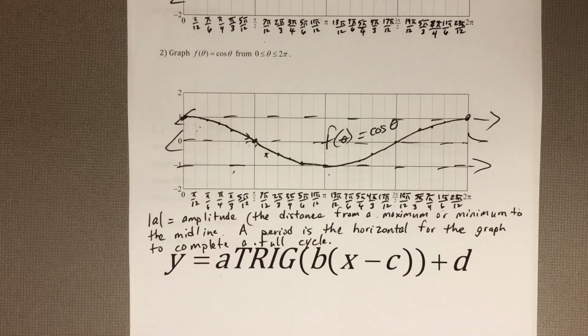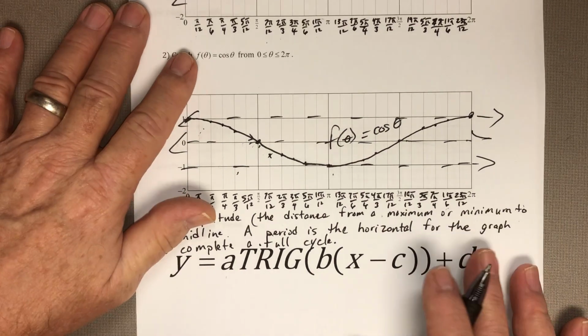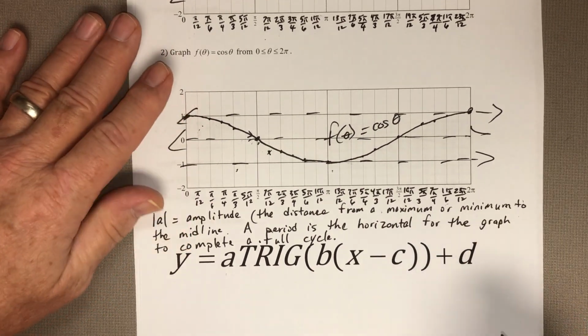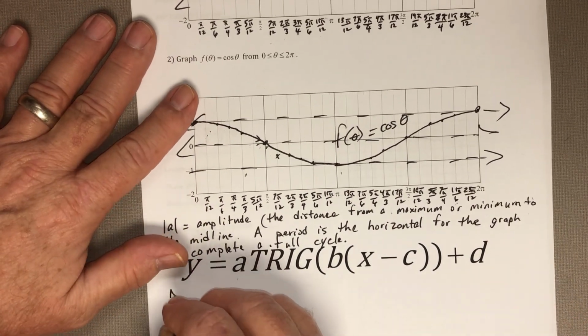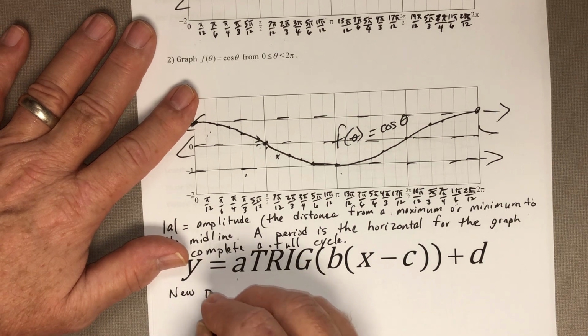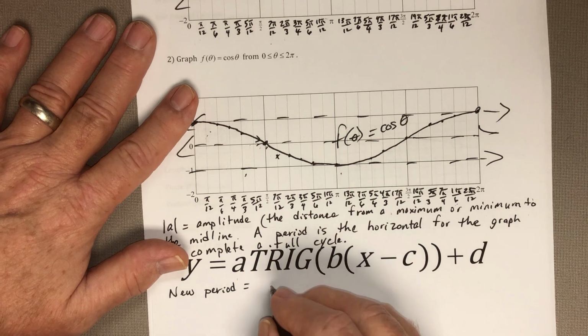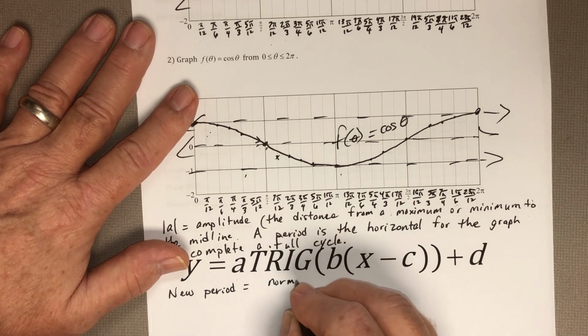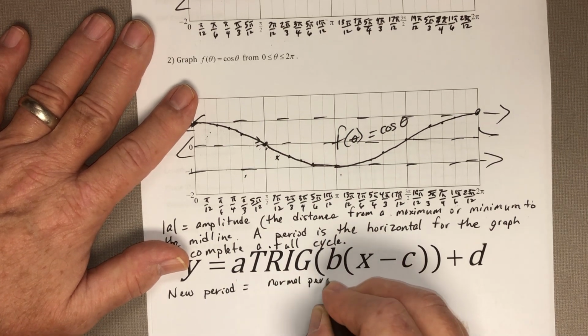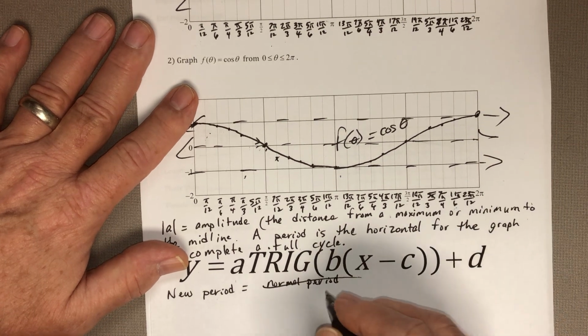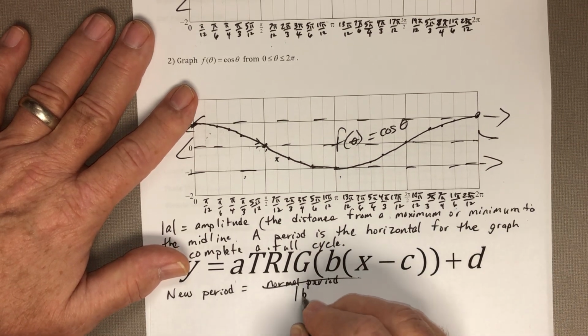So anyway, when you transform these graphs, which is what we're getting ready to do, you can change the period. Your new period can be found by taking the normal period, and we'll talk about that in just a moment, divided by the absolute value of b.